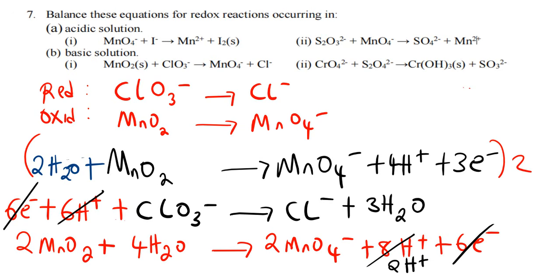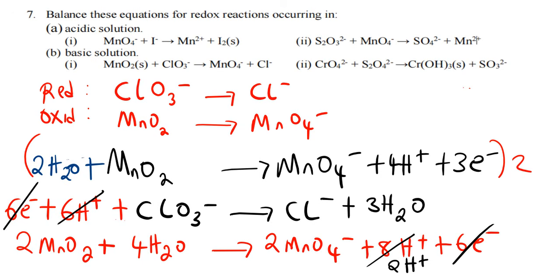That is what I have for now. What about the water molecules? Here I've got 3 water molecules. This side I've got 4 water molecules. So now, what am I going to do in terms of the H plus?